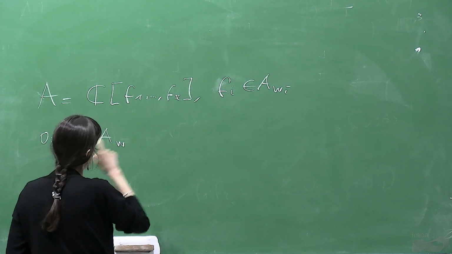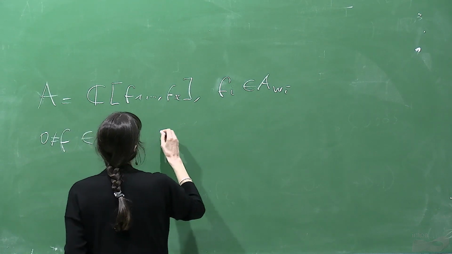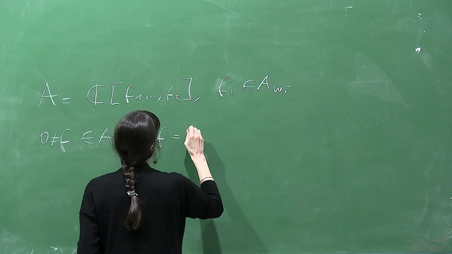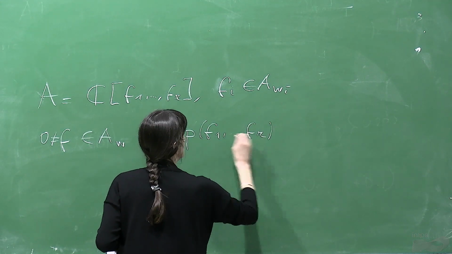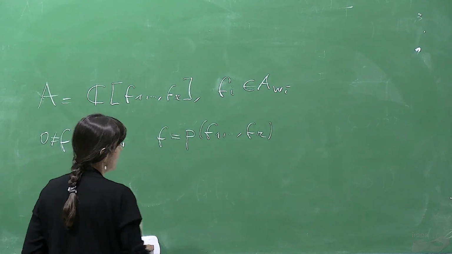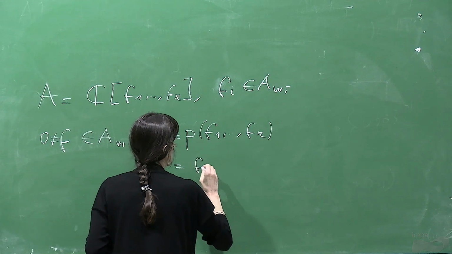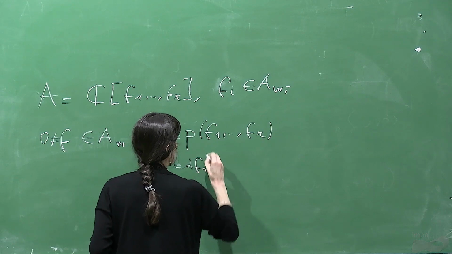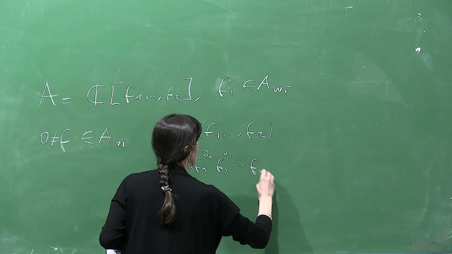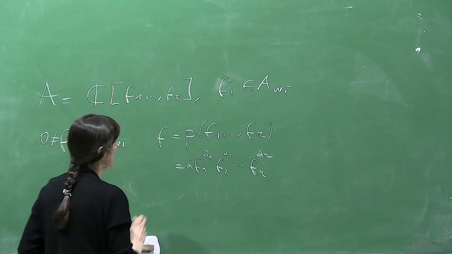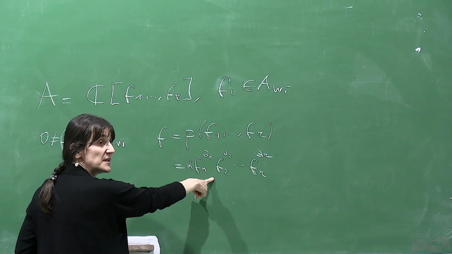Since these are generators of the algebra, F will be some polynomial with complex coefficients in F1, ..., Fr. In particular, this polynomial will start with some monomial, maybe with some coefficient. Comparing degrees, the degree of this and the degree of this must be the same.